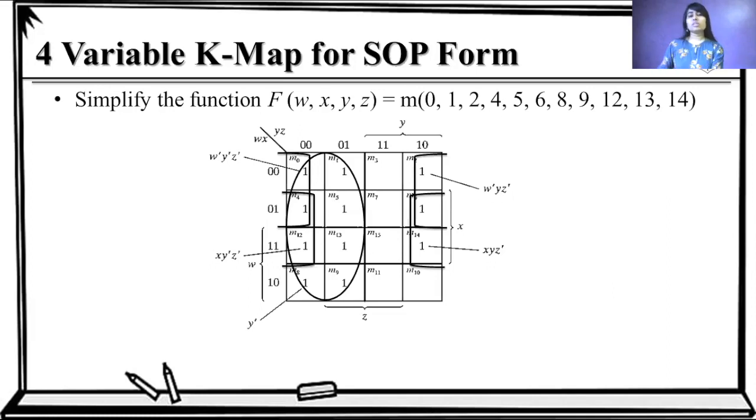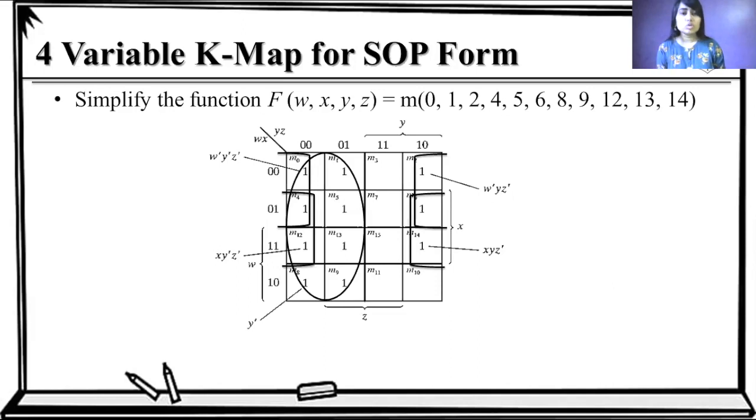Here we could make a group of 2, but remember we have to make groups as large as possible. That means even if we have the option to make a group of 2, we must first try to make a group of 4. So here we can make a group of 4 by covering ones already used in the group of 8 together with other terms.